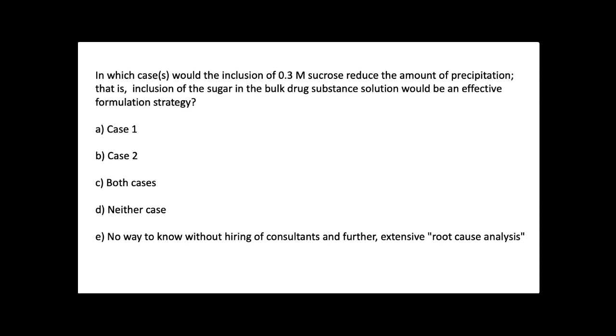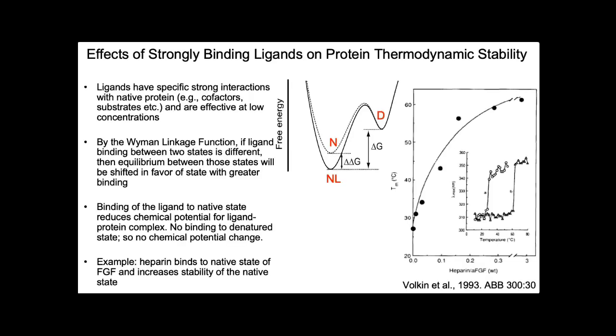But please note answer E, which seems to be very common in the industry: we don't really know the answer till we hire a bunch of consultants and do further extensive root cause analysis. However, I hope to convince you that by knowing mechanisms, you can say right away in which case sucrose would be a good formulation strategy.